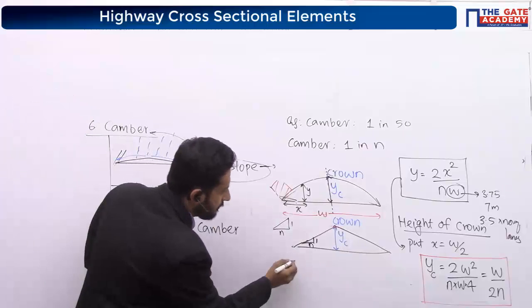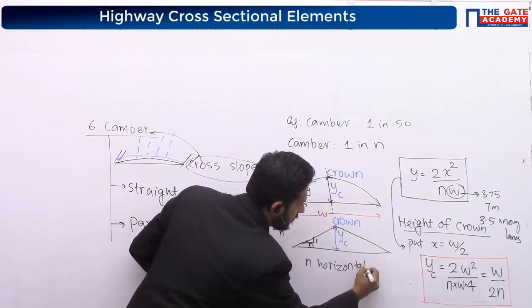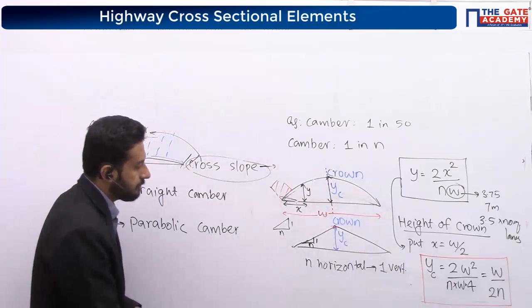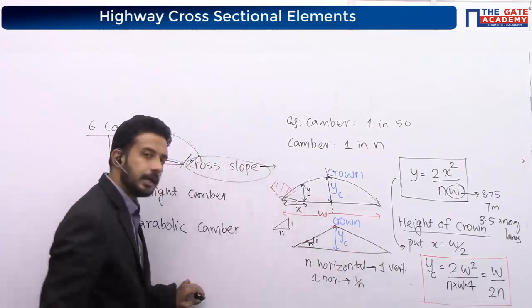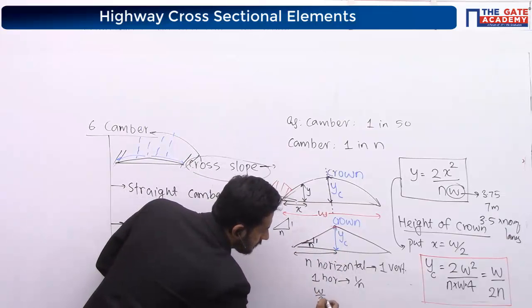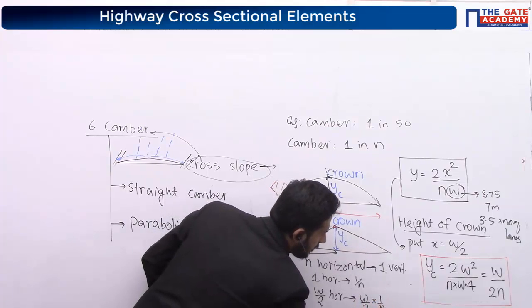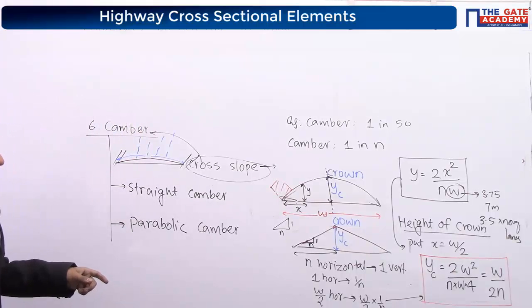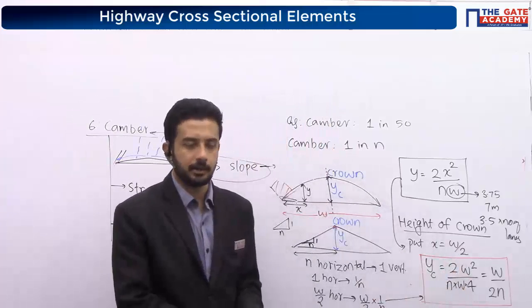So for n horizontal, 1 vertical. Then for 1 unit horizontal, how much will be vertical? 1 by n. Then for W by 2 horizontal, how much will be the vertical? W by 2 into 1 by n. What you are getting is W by 2n.